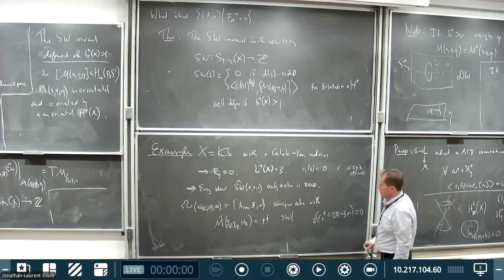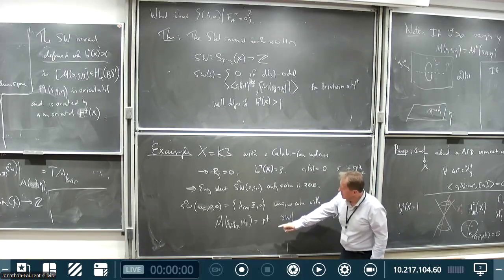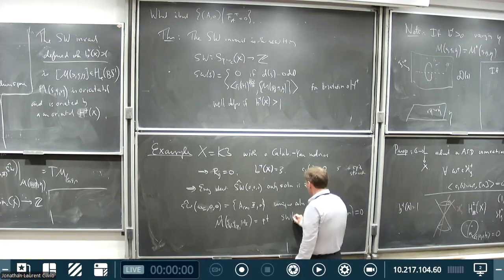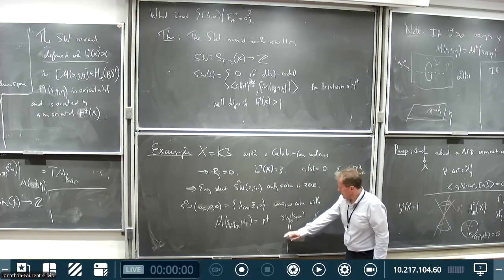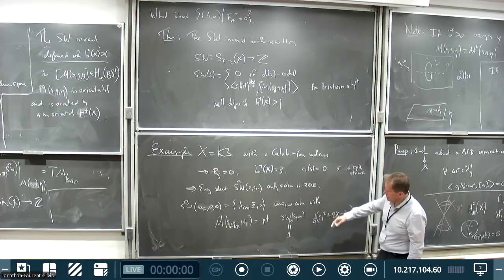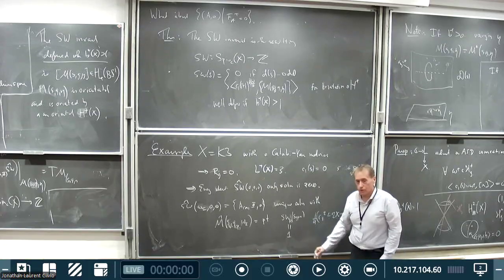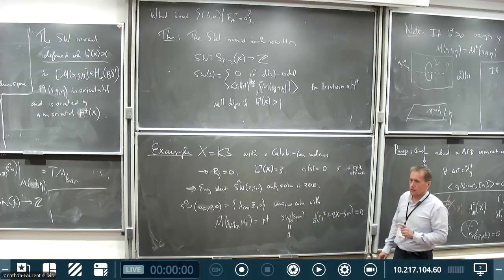This moduli space is a point, and so the Seiberg-Witten invariant of the spin structure for K3 is plus or minus one. I should decide whether it's plus or minus one, but fixing an orientation of H plus, it's either plus one or minus one. That's really interesting because this is a diffeomorphism invariant.